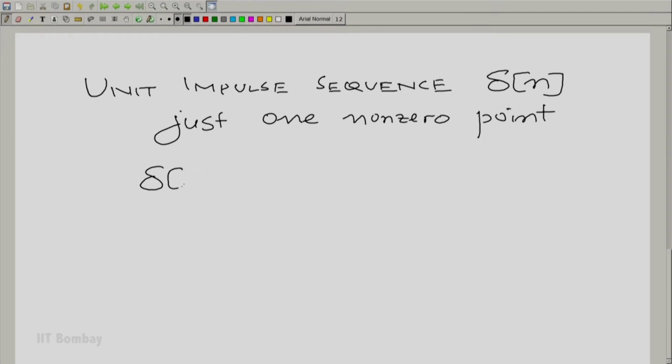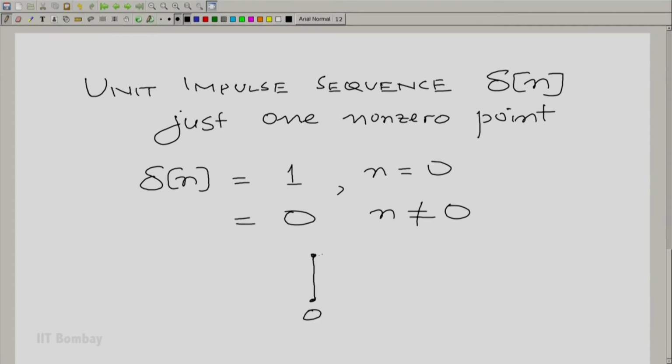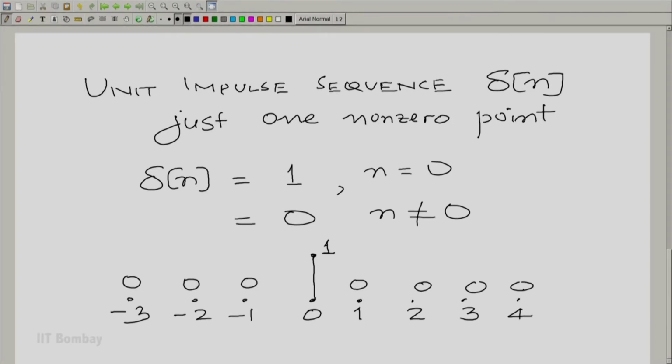The unit impulse sequence delta n is defined to be 1 for n equal to 0 and 0 for n not equal to 0. So, it is very simple. It is a very well defined sequence. At 0, it takes the value 1. At all other points, it has the value 0. So, you can see that this unit impulse is what its name suggests it should be, an impulsive non-zero point in one location and 0 everywhere else.